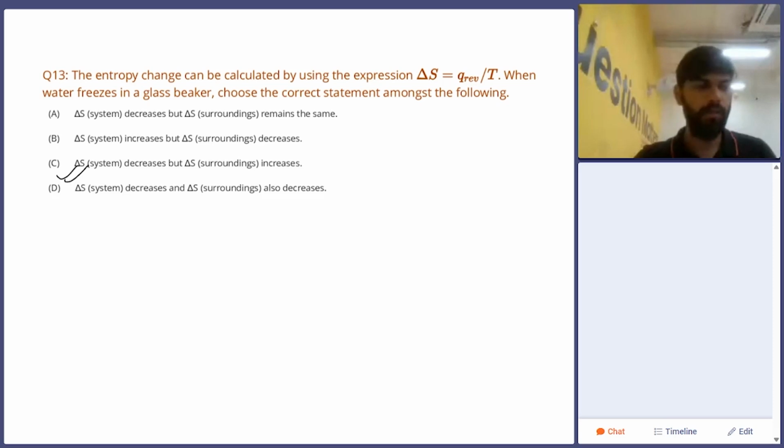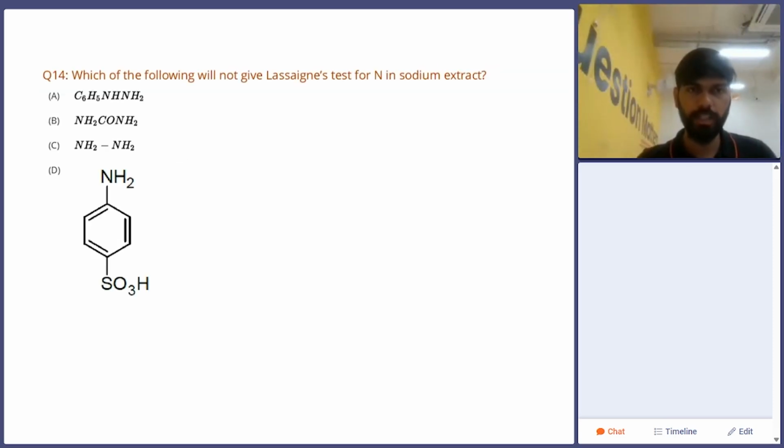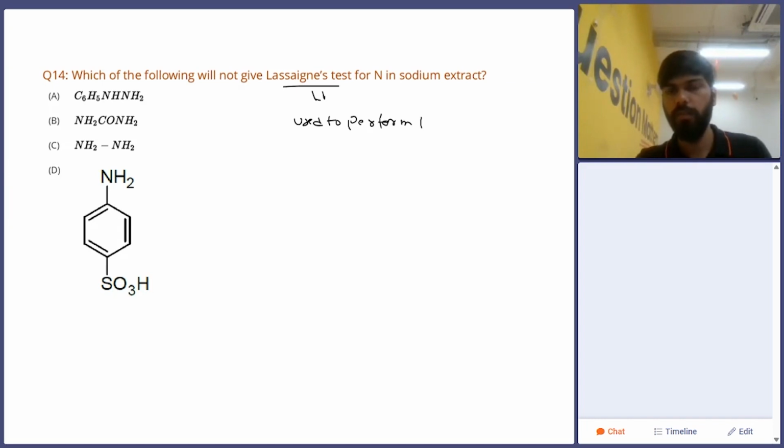Now, the next question is, which of the following will not give the Lassaigne test? The Lassaigne test is used to perform nitrogen detection in an organic compound.